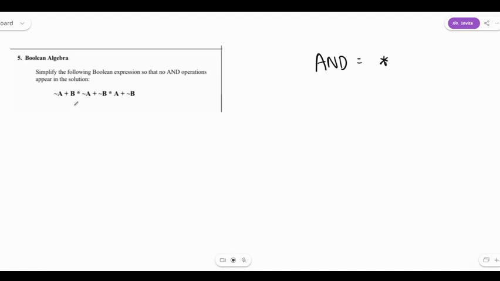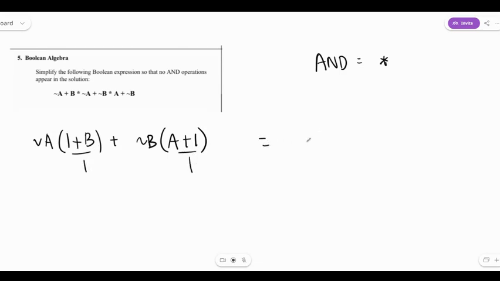So first we see that we have some areas where we can simplify. So first we factor not A, and we factor not B. And we know that B or 1 and A or 1 are both equal to 1.